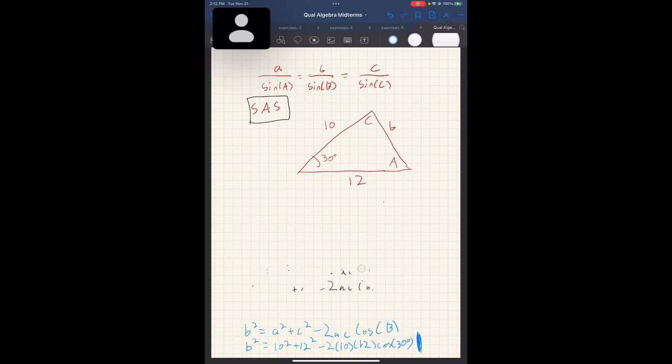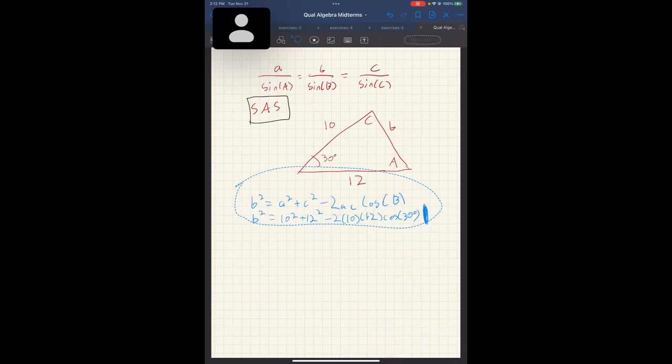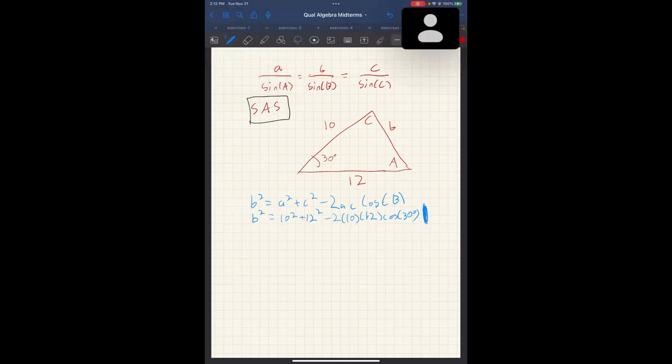Now I can say that b squared is equal to 100 plus 144. Sorry, we'll do 2 times 12 is 24, times 10 is 240, times cosine of 30 degrees.